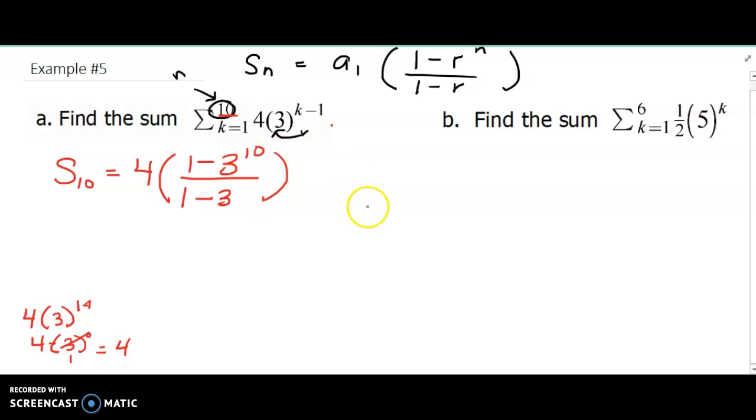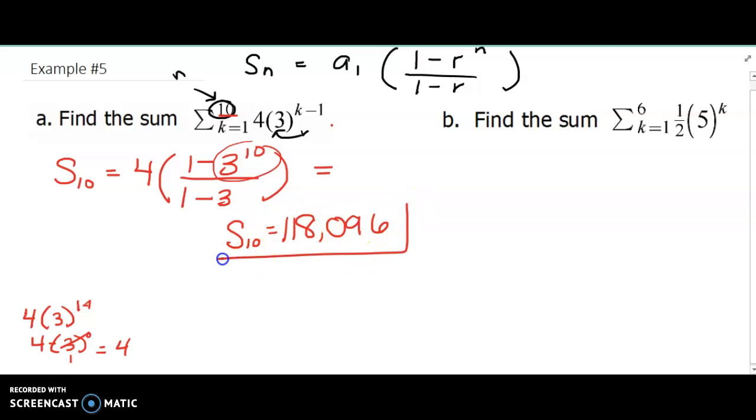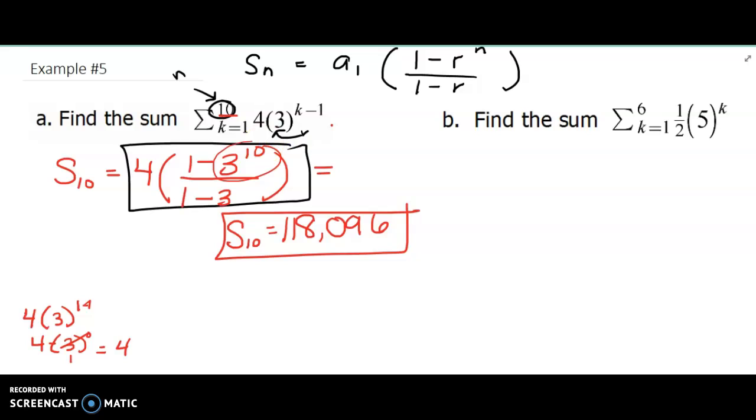Okay, now I'm just going to plug this into the calculator because it's going to be huge. And when I plug it into my calculator, I get the sum of the first 10 terms is 118096. There you go. And like I said, I just put this into my calculator just like this.